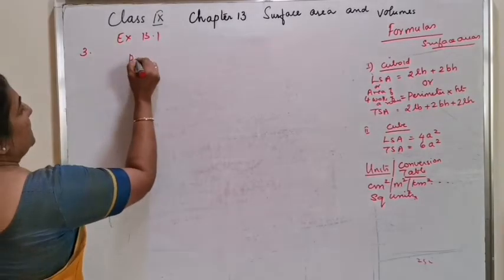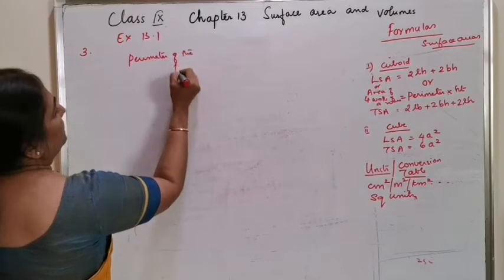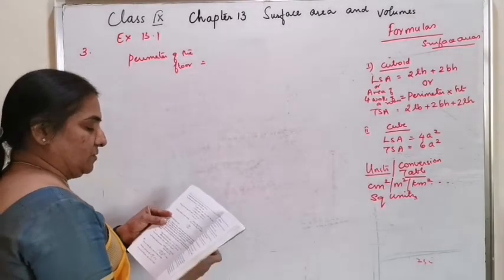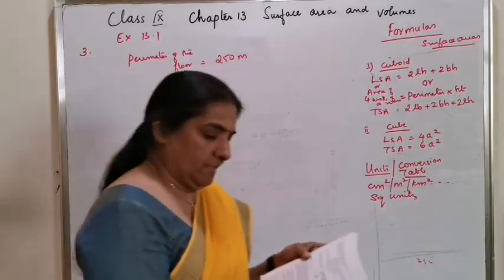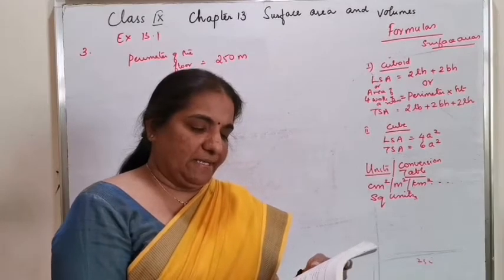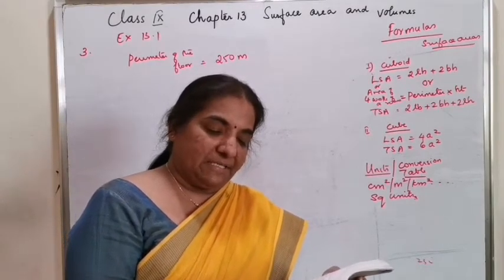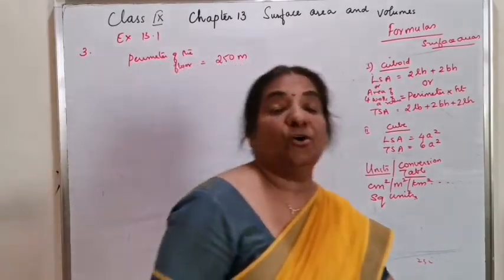Question number 3. The floor of a rectangular hall has a perimeter 250 meter. That means perimeter of the floor is equal to 250 meter. If the cost of painting the 4 walls at the rate of rupees 10 per meter square is rupees 15,000, find the height of the hall.